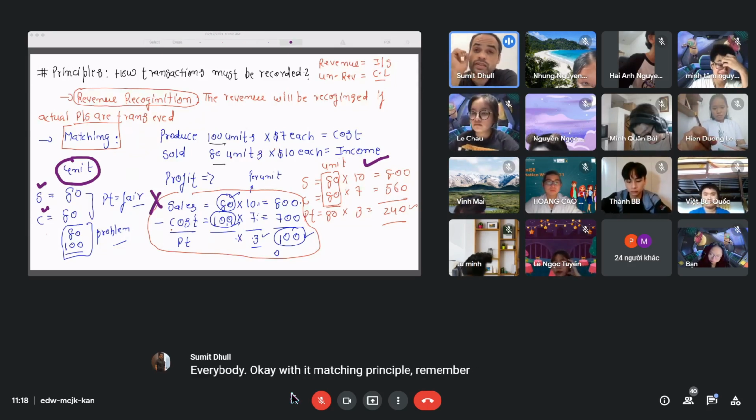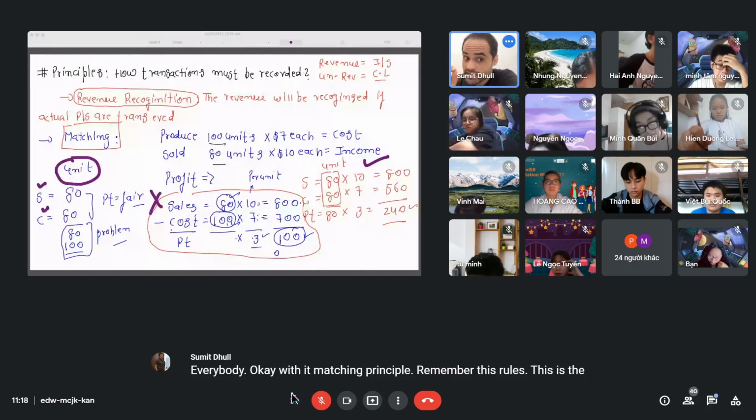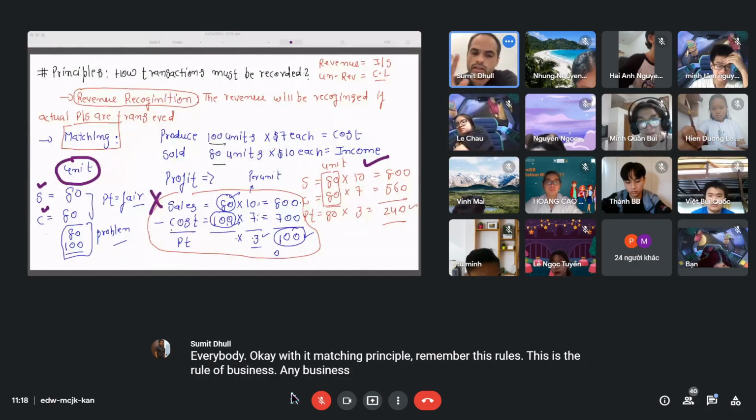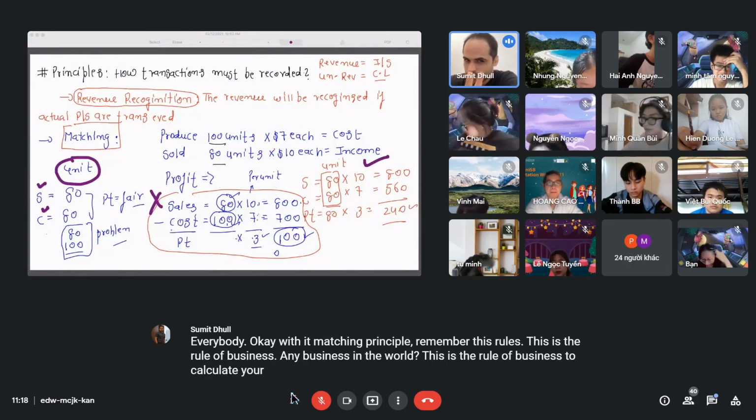Remember these rules. This is the rule of business, any business in the world, to calculate your exact profit.